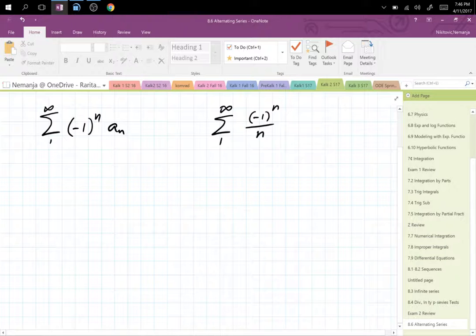You will peel off the alternating part and look at a_n first. If the limit of a_n is 0 as n goes to infinity, and the sequence a_n is decreasing, you will enter the convergence branch.